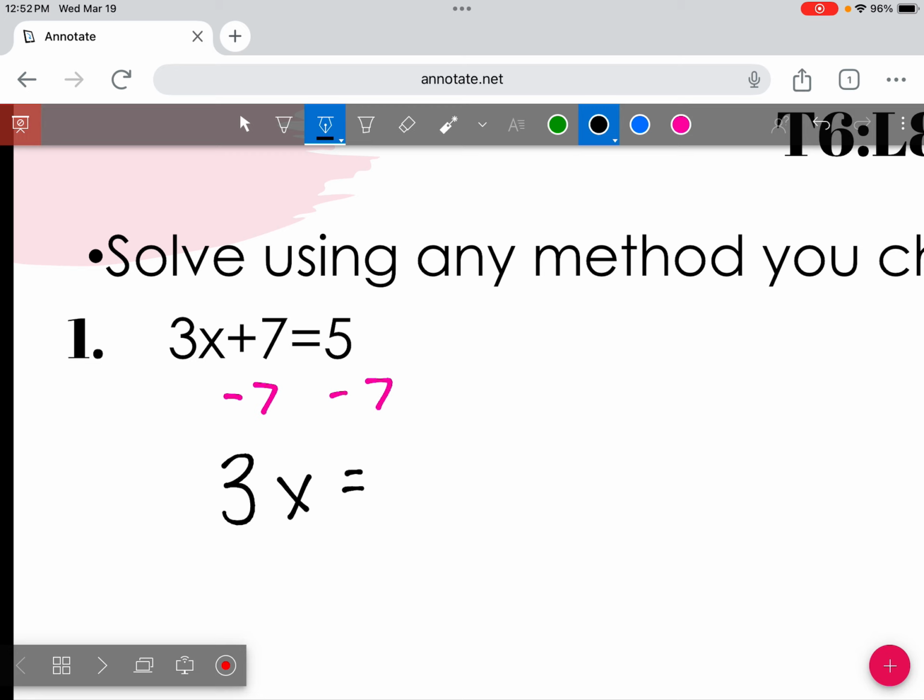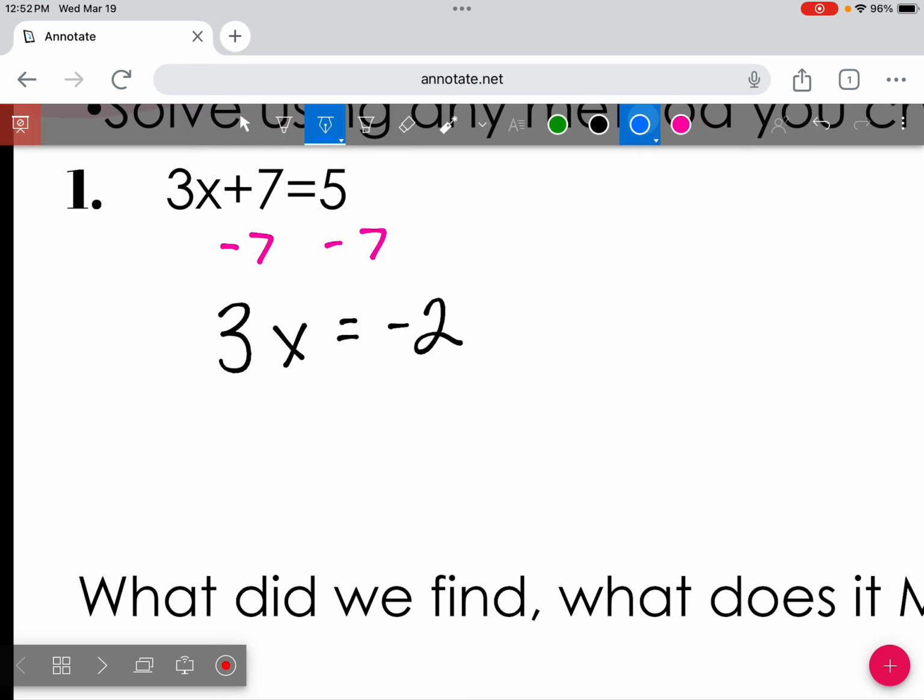That'll give us 3x equals -2. Then what do we do? Divide by 3. Because what are we trying to get when we solve? X all by itself. We want to know what x equals.